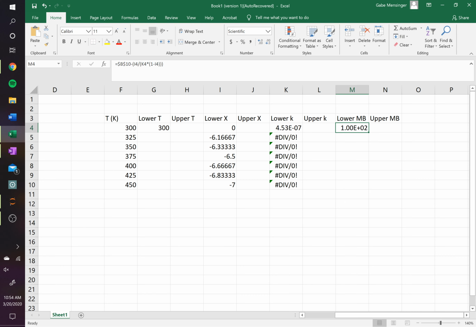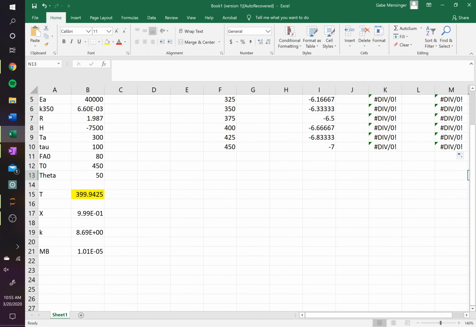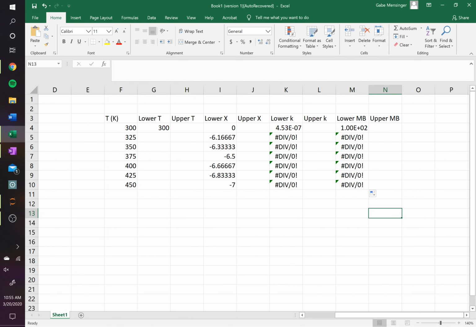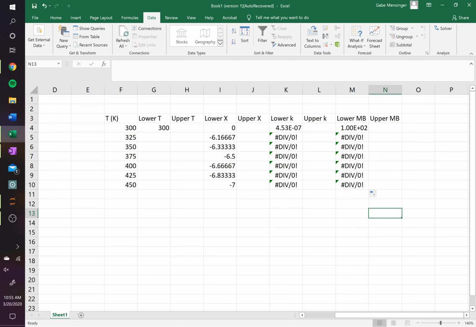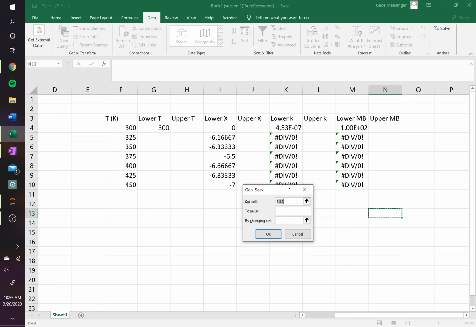So all I've really done over here is I've taken what I did in the first two columns in part A, and I just copied them over into this table. It's doing the same thing, but I'll have to goal seek each point once again. So let's go to data, go to goal seek. It's going to work the same way, where if I set that to 0, I should be able to solve for my temperature.